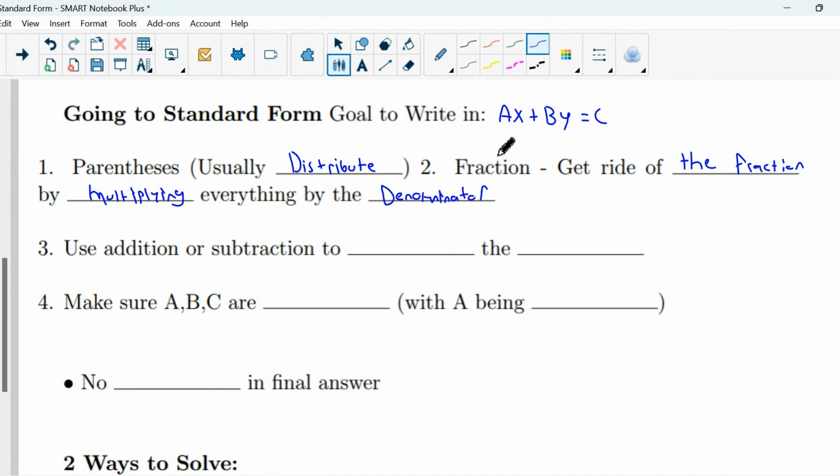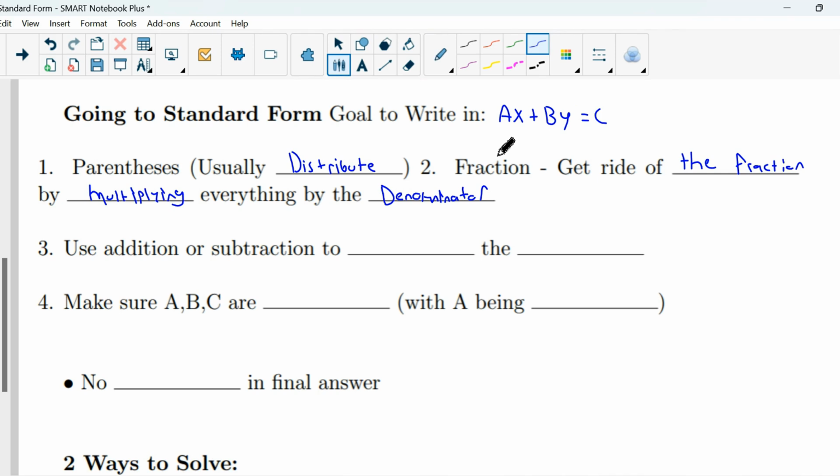A very similar process to multiplying out our fractions when solving equations. If you multiply every term by the denominator of the fraction you're given, it actually undoes your fractions in a sense.